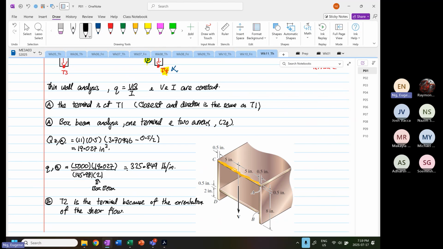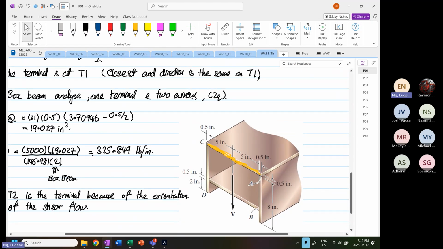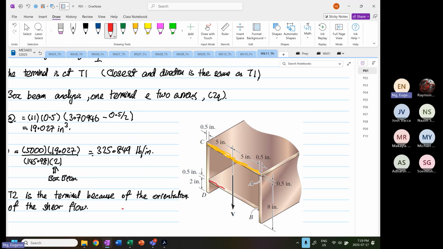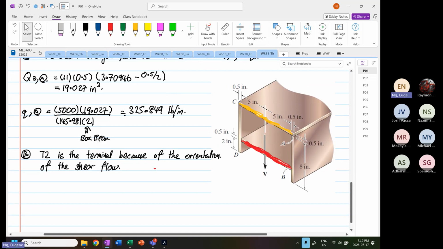Now we want to find point B, so we are going to focus on this area over here, which I'm coloring in red. It's not just the closeness; more important is the direction of the shear flow.